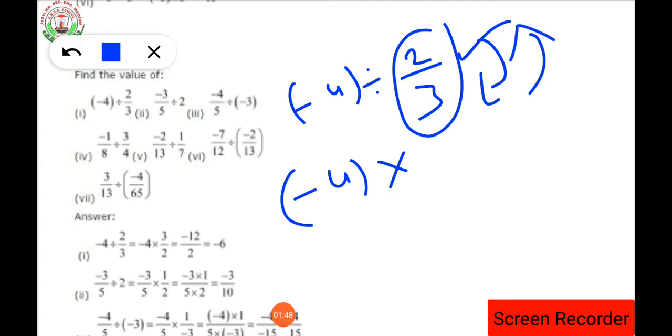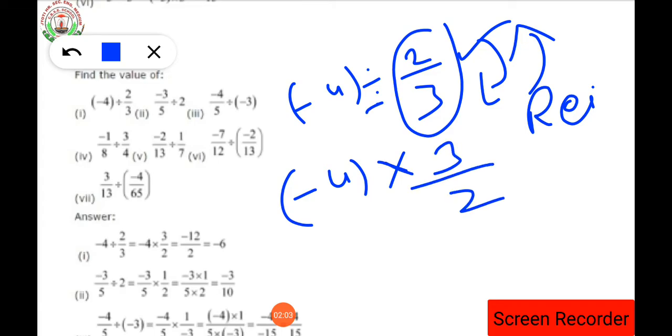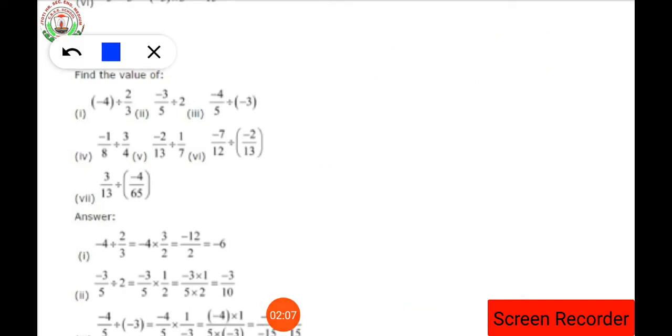Their positions will be interchanged. Remember, when it gets reciprocated, it becomes 3 by 2. When we reciprocate, the divide sign automatically changes to multiplication sign. Clear everyone?